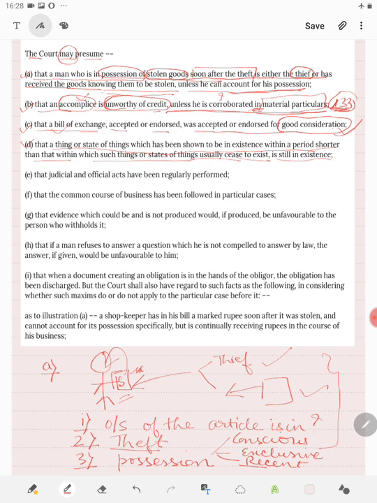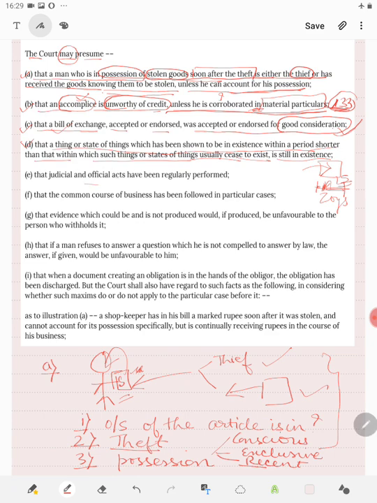So suppose there was a dog and the normal lifespan of a dog is 20 years, and it has been shown that it took birth 5 years ago, then for the next 15 years the court may presume that it will remain in existence because it is the normal lifespan of dogs.